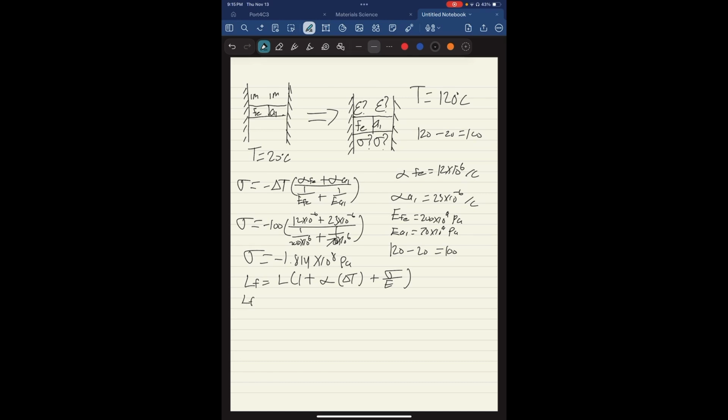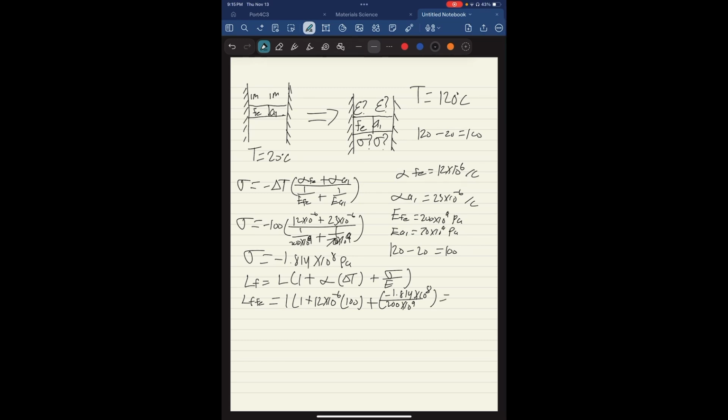So we have the final length for iron is equal to the original length, which is 1, times (1 plus 12 times 10 to the negative 6 times 100 plus our stress, negative 1.814 times 10 to the 8, over 200 times 10 to the 9).